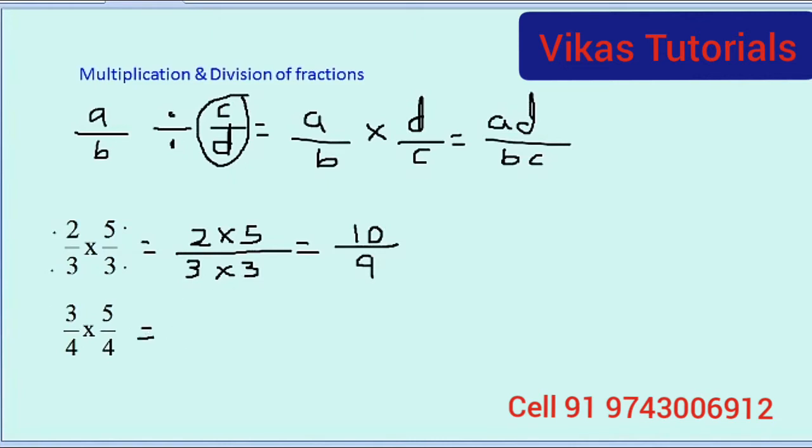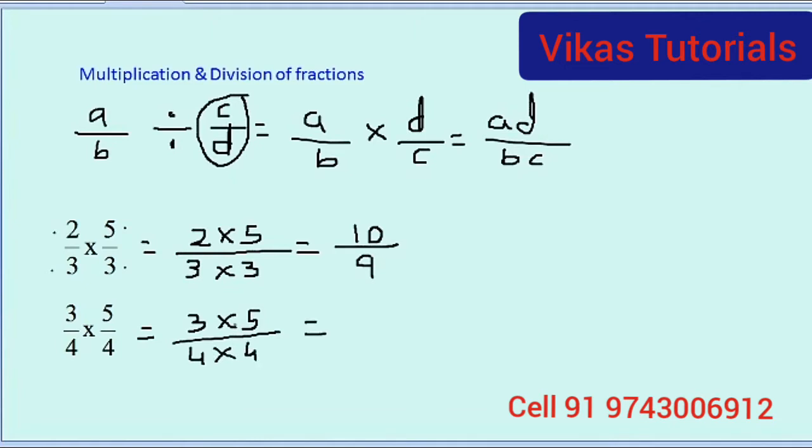Okay, here it is 3 by 4 multiplied by 5 by 4. So what we have to do, first multiply the numerators. You can write it like this: 3 into 5 divided by 4 into 4.